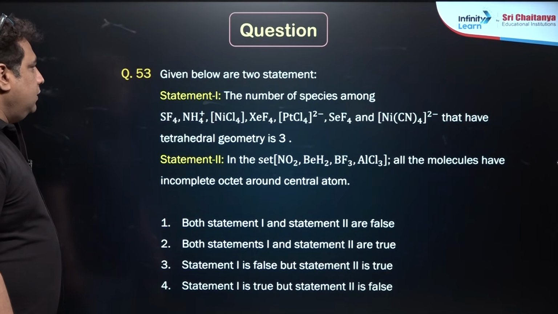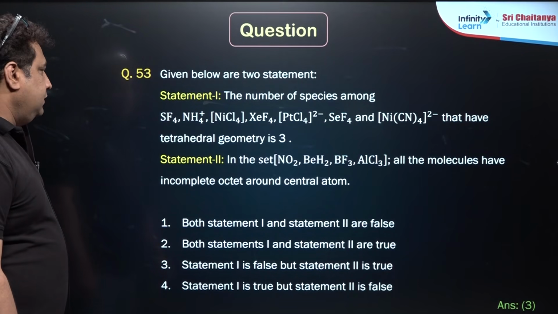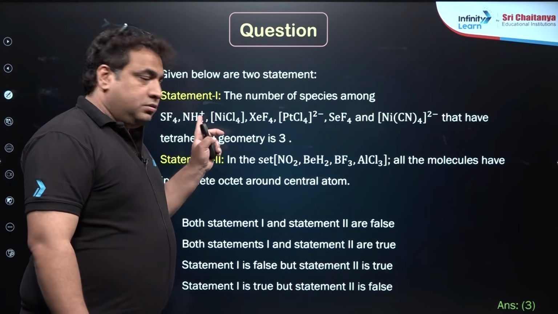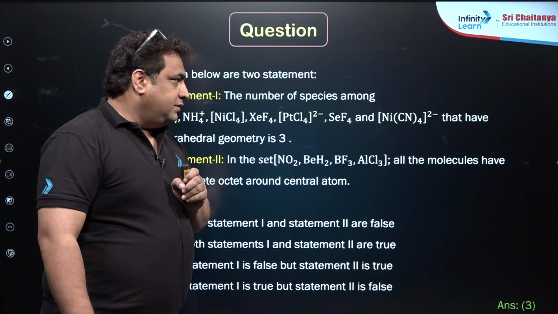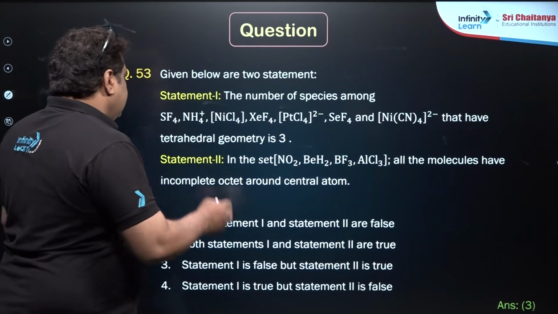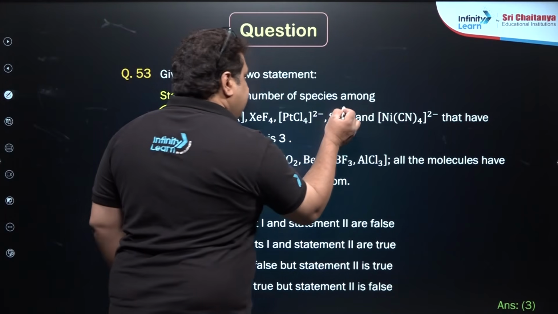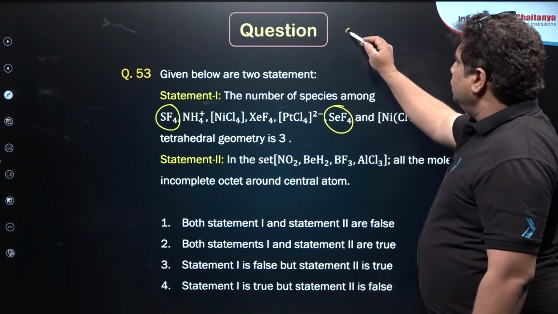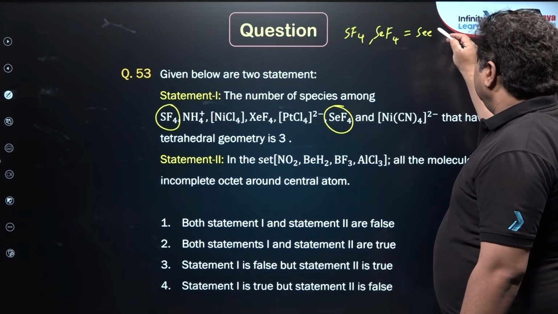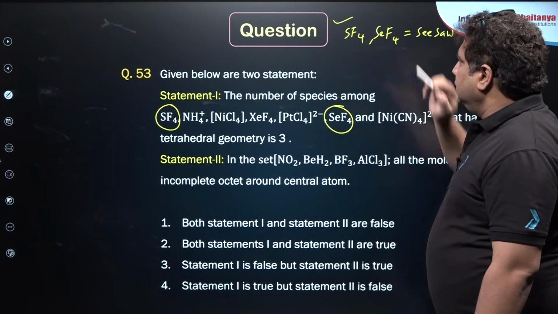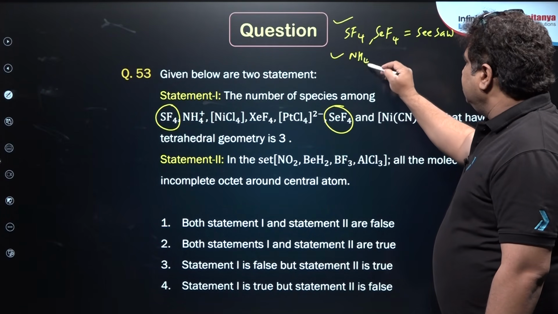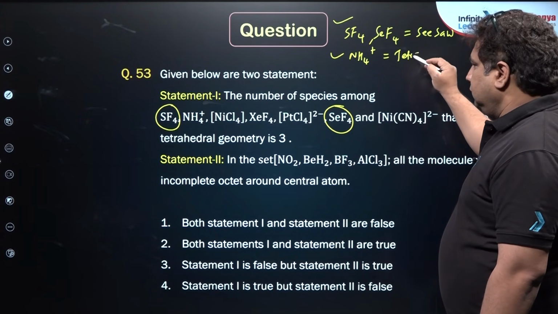Next, given below the number of species. He gave some species, SF4, ammonium ion, complexes and non-complexes, and he is asking: tetrahedral geometry compounds are 3. So let us see. SF4 and SCF4 belong to the same group, so both are seesaw, right, and ammonium is tetrahedral, correct.